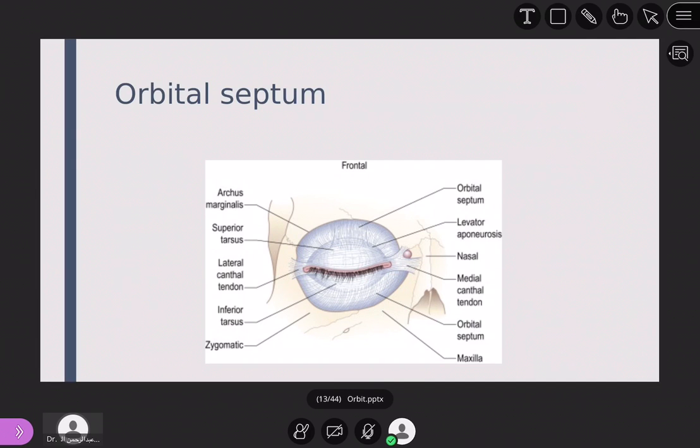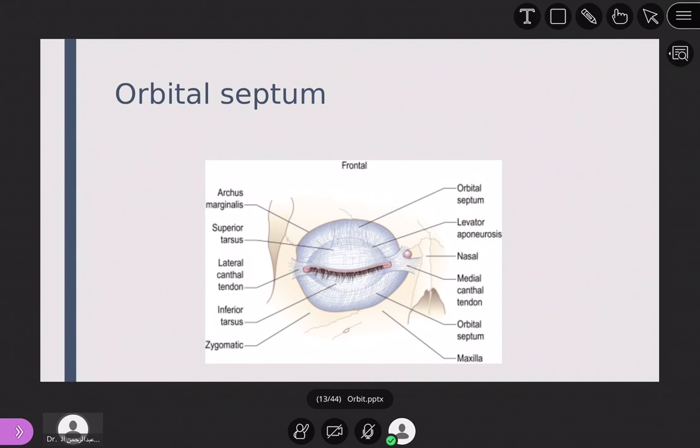Why is it very important? Because anything anterior to the orbital septum is extra-orbital, not in the orbit. Anything posterior to the orbital septum is an orbital structure. And this is very important to differentiate between preseptal cellulitis and orbital cellulitis.